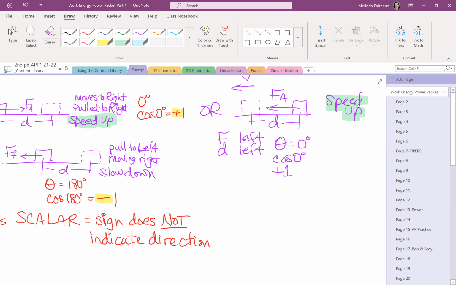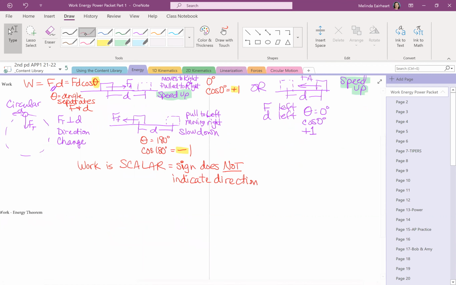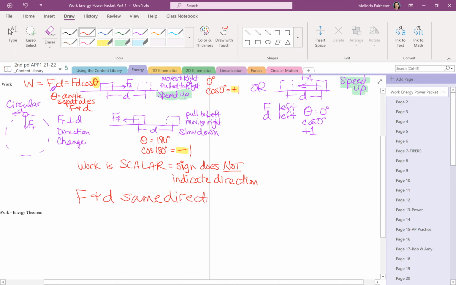And so we get a little summary here. For work, the sign does not mean direction. If you have a force and D in the same direction, two things you know: it means the object's going to speed up, and it means you have positive work being done. What if F and D are in opposite directions?